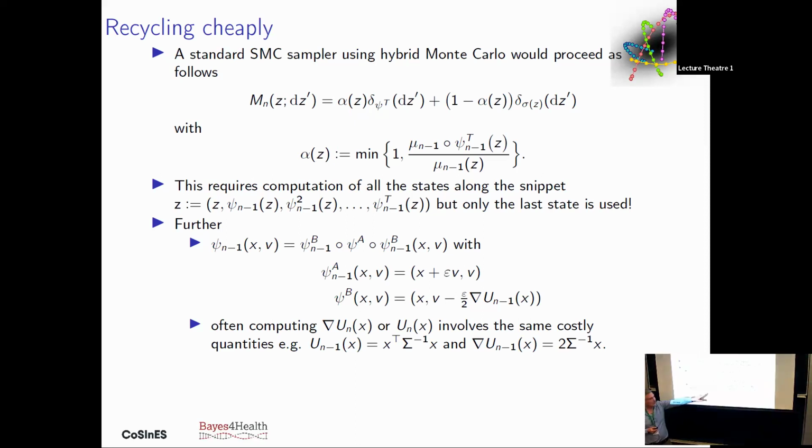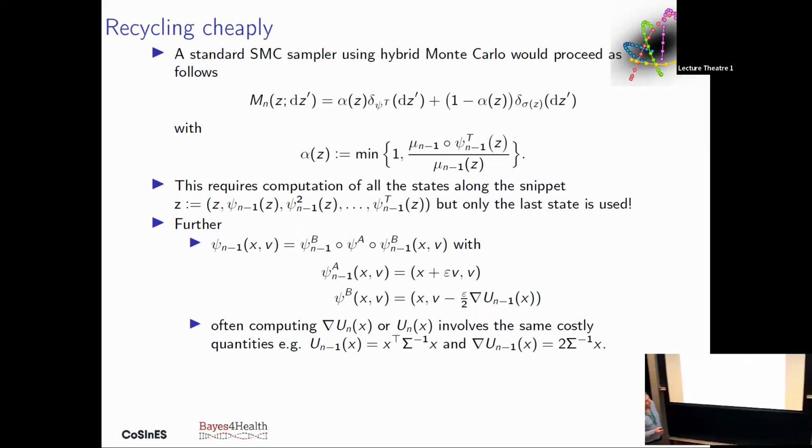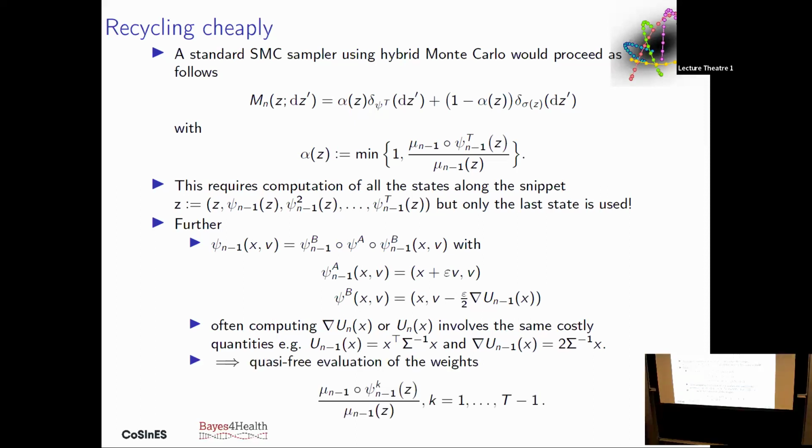If U is just a quadratic form, then the gradient is 2 times this product. So if you compute this, in order to get the energy, you just need to multiply 2 vectors. So it is very important not to waste all the intermediate steps, especially as you've devoted quite a bit of effort to computing those gradients.